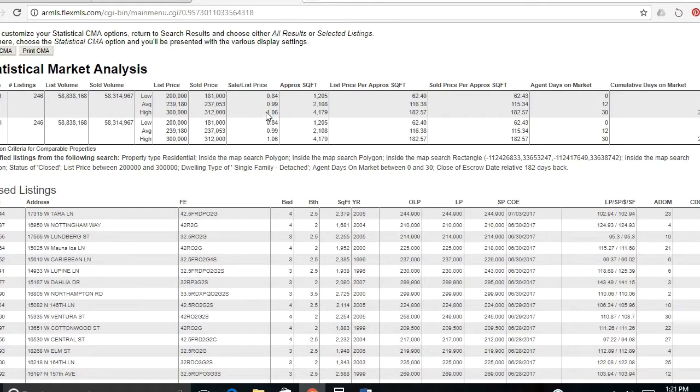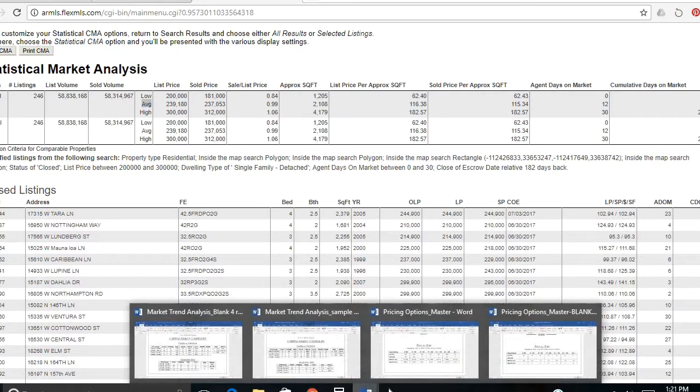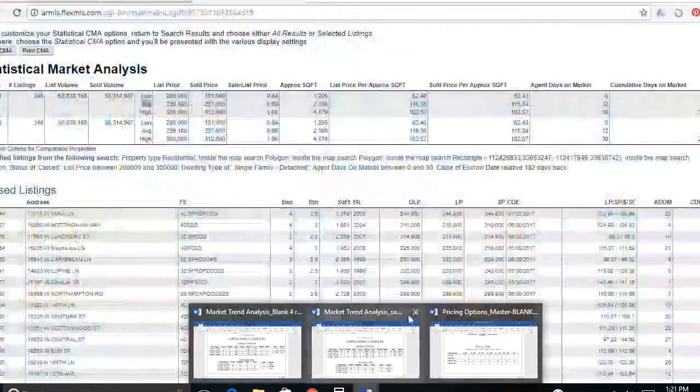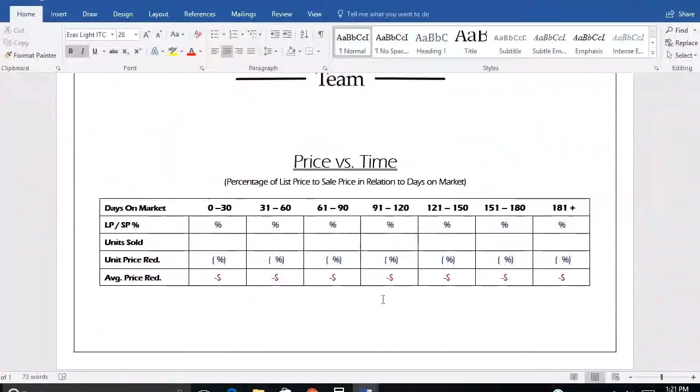Of those, they received an average of 99% list price to sales price, right? The middle column is the average, and then we just go over to the row that says sale to list price. So for our 0 to 30, they sold for 99%, and there were 246 houses that sold.